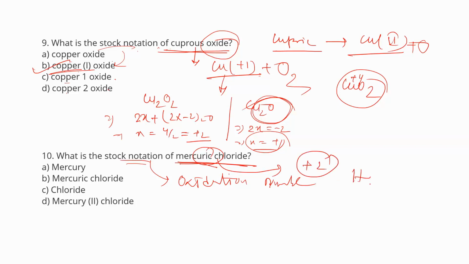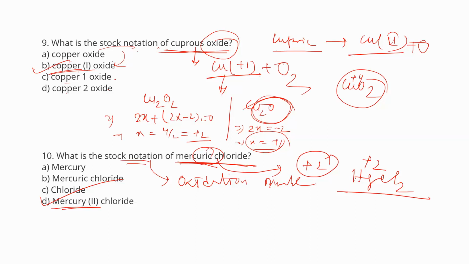So mercuric chloride means HgCl2. Here the mercury will have the +2 oxidation state, so the option will be D. In this way we have to calculate the oxidation number.